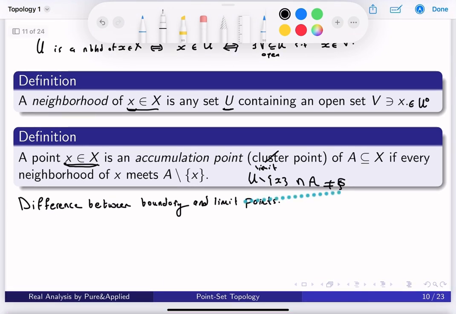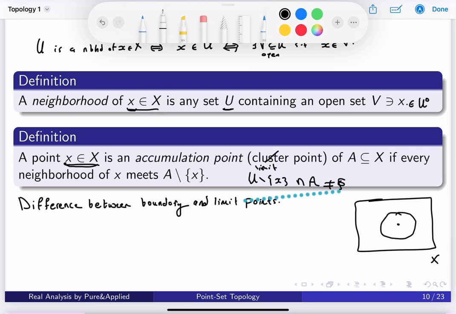The way you can remember it is that deleted neighborhoods of limit points must contain at least one point. So we have this space X, we have this point in it, and we have a neighborhood. And what we're saying is, or maybe let's do it this way.